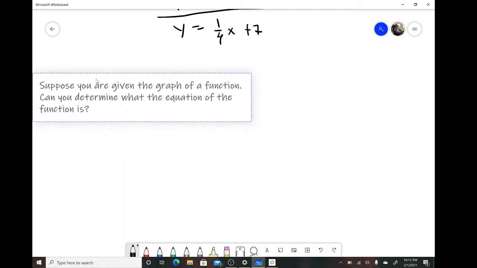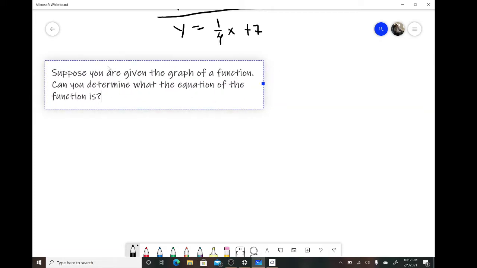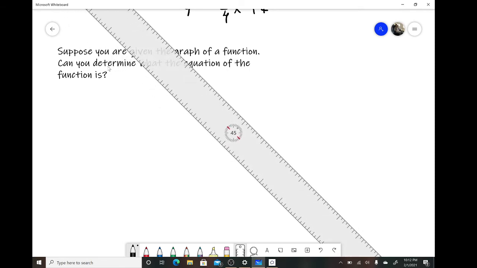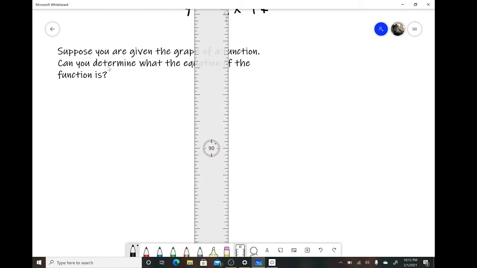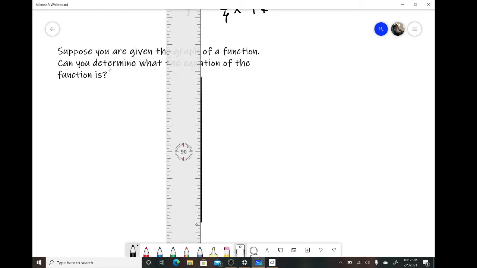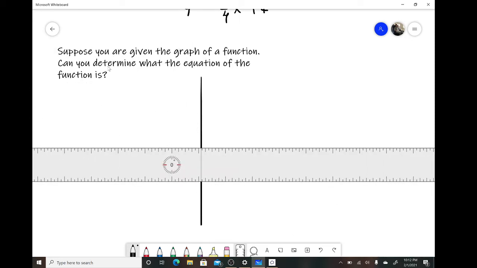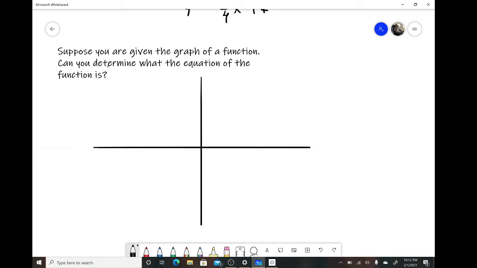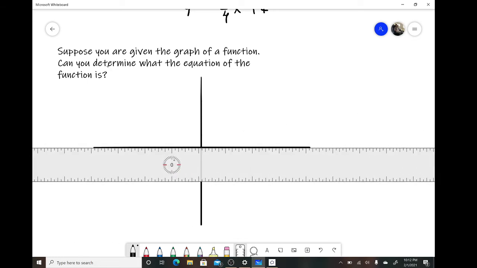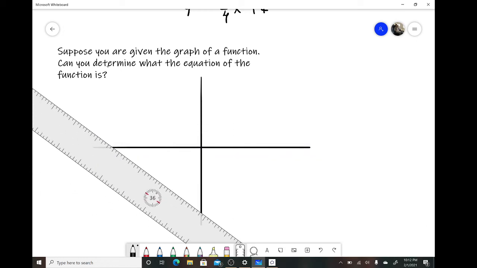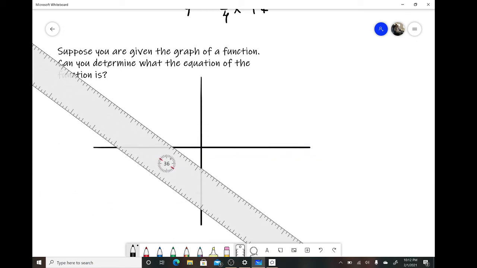So the particular function that we're going to be given looks like this. So we have the plane, and then we have a line crossing the plane at an angle like this.